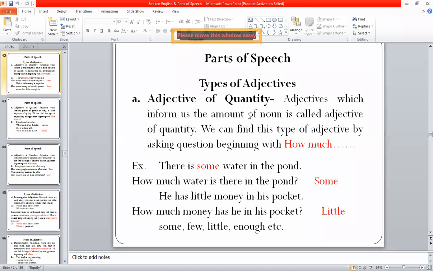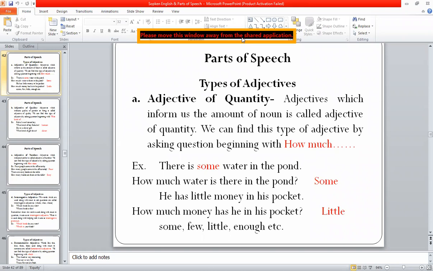So some is the adjective in this example. Then see the next example. He has little money in his pocket.